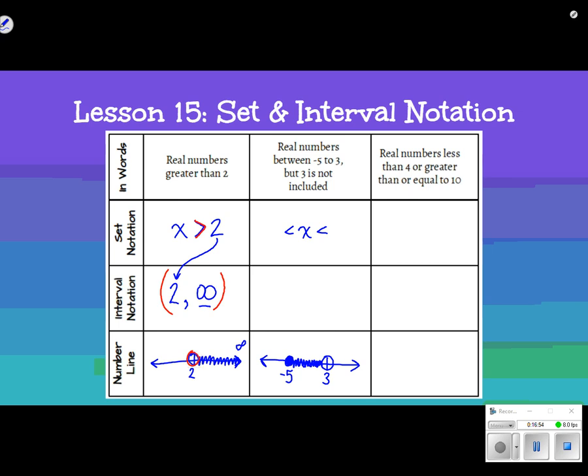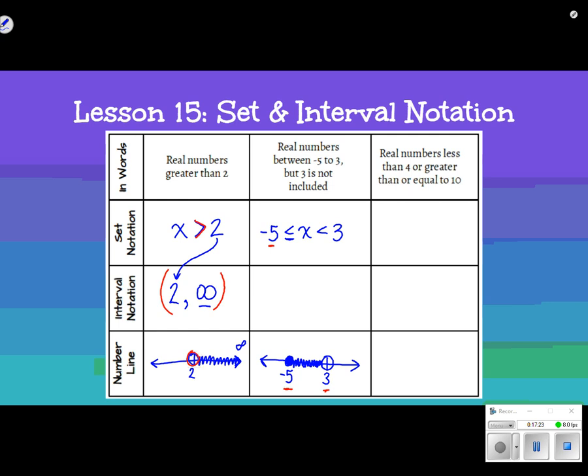But this is an and compound inequality. For the -5, I'm going to put an equal sign underneath because it is a closed circle. -5 is on the left, so I make sure -5 is on the left. 3 is on the right, so I make sure 3 is on the right. So -5 is less than or equal to x is less than 3.